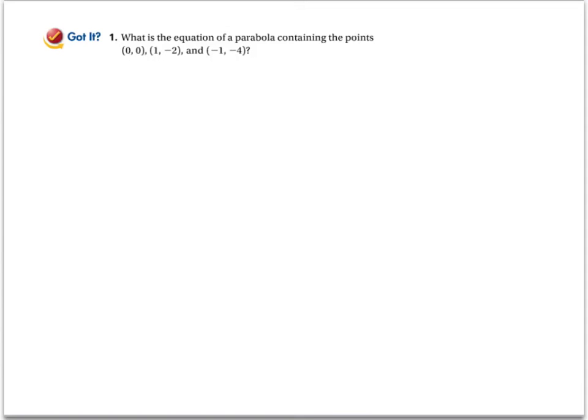All right, let's try another one. What's the equation of this parabola? We have the points 0, 0, 1, negative 2, and negative 1, negative 4.